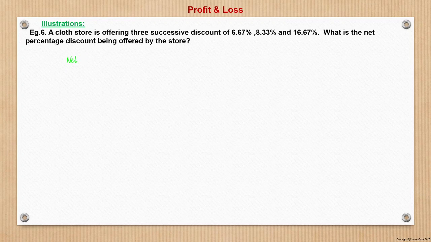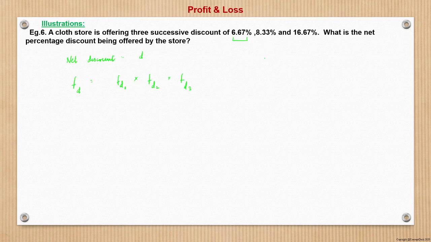So we can say that net discount is equal to D. So the multiplying factor FD will be nothing but FD1 into FD2 into FD3, right?